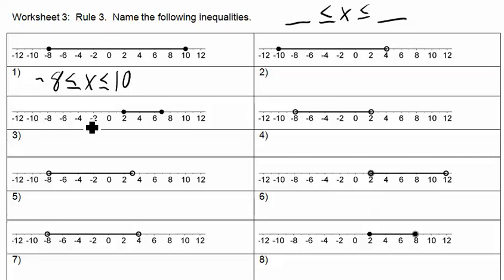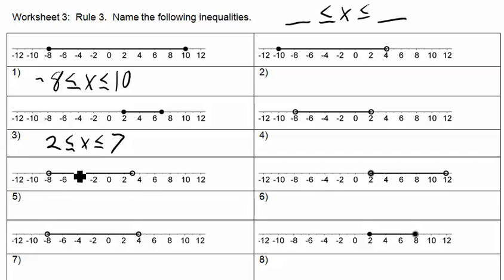All right, so for number 3, x is between 2 and 7. So 2 is less than or equal to, because it's a filled in dot, x is less than or equal to 7. So x is between 2 and 7.